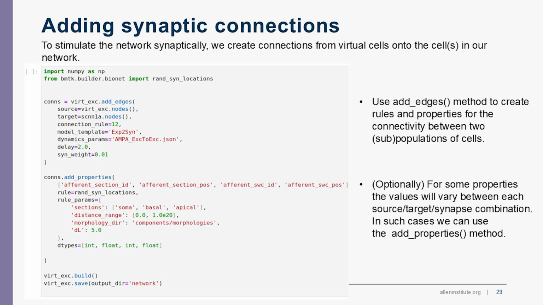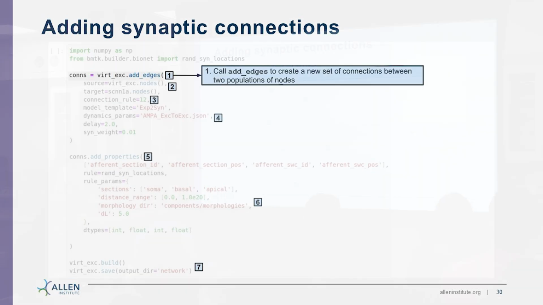So this is the code that is in your notebook for creating that. The main function for adding the connections to your cells will be the add_edges method. And you will have different properties and options for doing that. So I will go now to each portion of that. First, as for add_nodes, you need to add the edges.